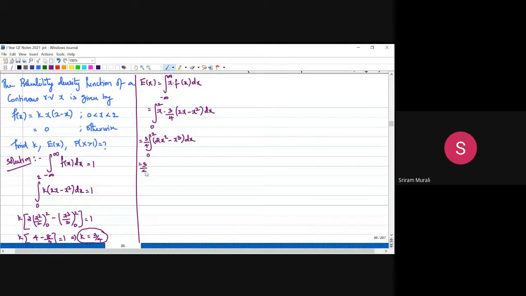So 3 by 4 into 2 times x cube by 3 over the limit 0 to 2, minus x power 4 by 4 over the limit 0 to 2. So this is 3 by 4 into 2 by 3 of 8 minus 0, minus 1 by 4 of 16 minus 0. Hence, what is the answer? 16 by 12. The answer is 1.